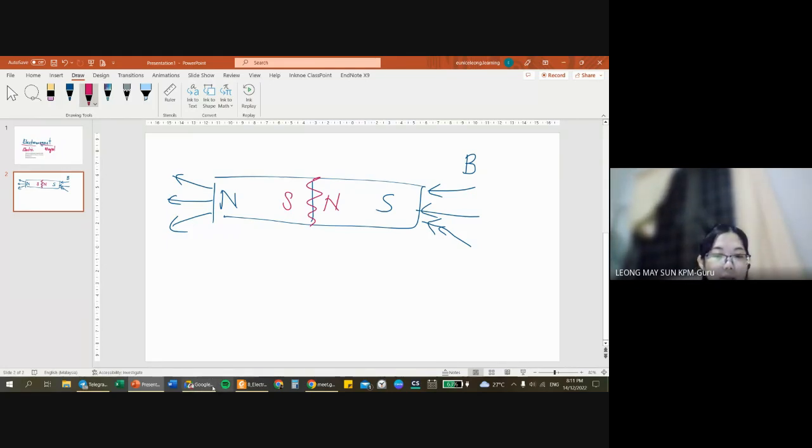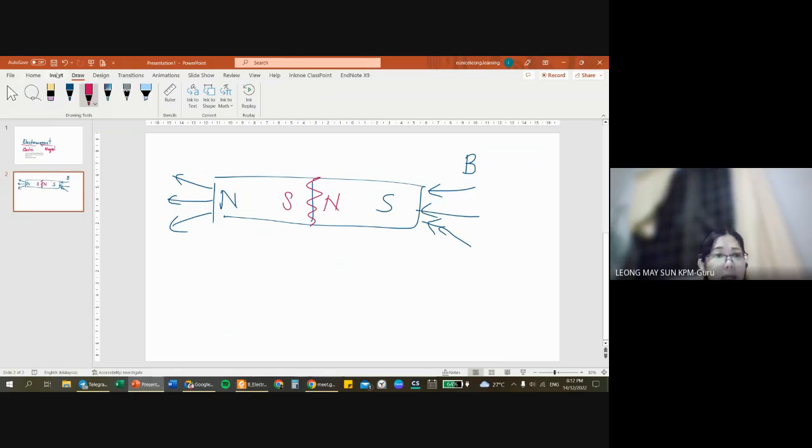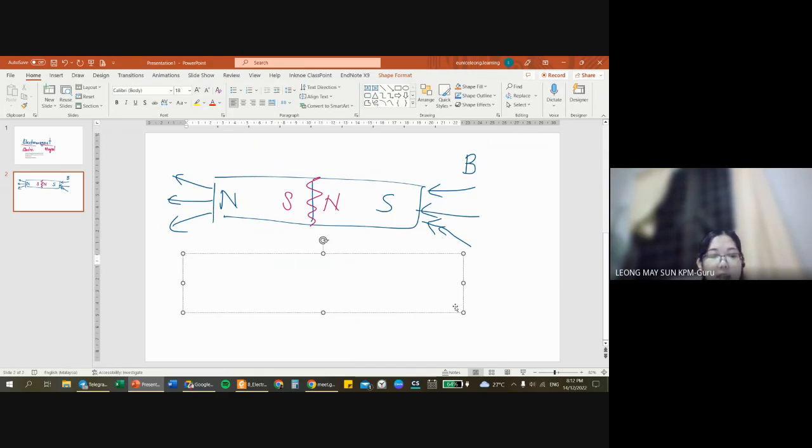An electromagnet is when a current flows through a coil or a current carrying conductor, and it will produce a magnetic field. So that is an electromagnet. It can be made by sending electric current through a coil. Previously, when we talked about electricity, there was a potential difference.